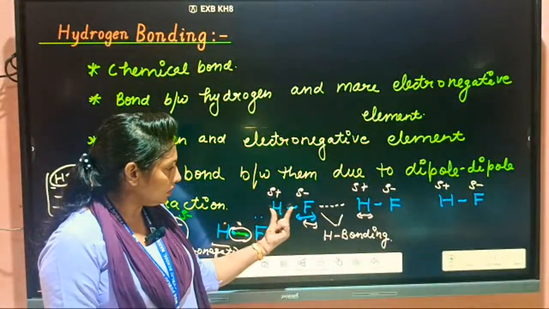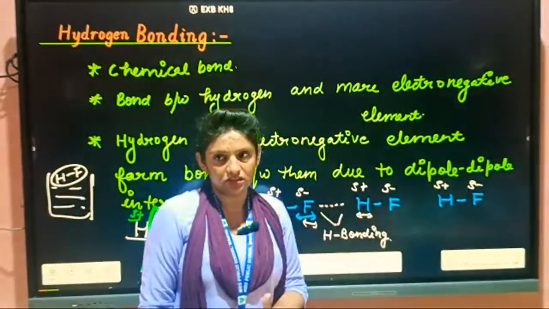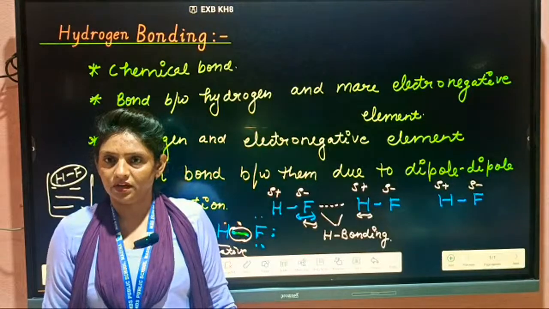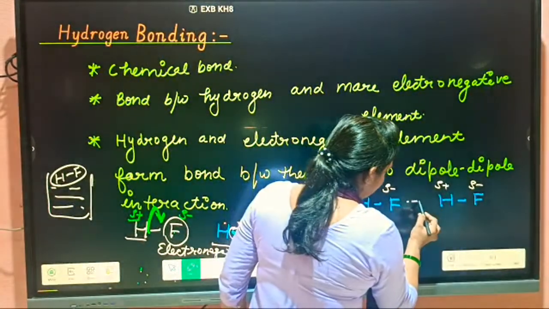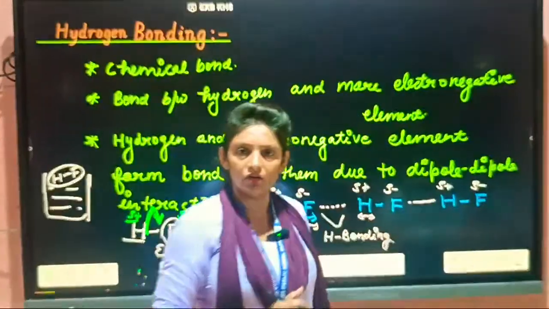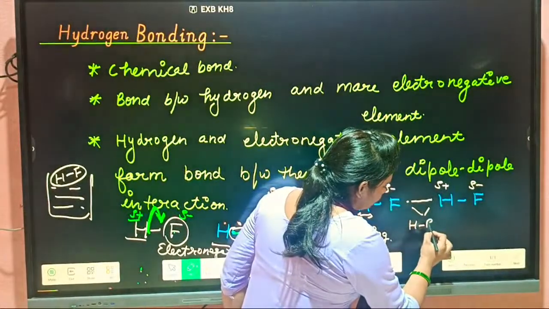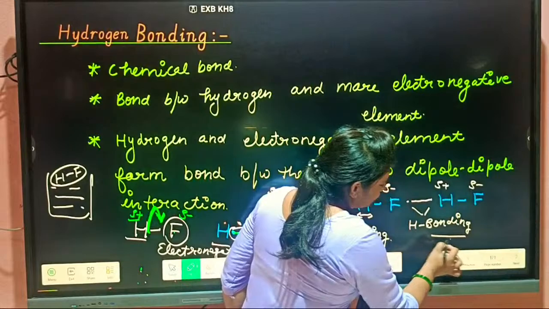And here, these two molecules are attracting each other by forming hydrogen bonding between them. It is clear to you or not? So this one is also forming a bond with the next molecule of hydrogen fluoride. So this is known as hydrogen bonding.